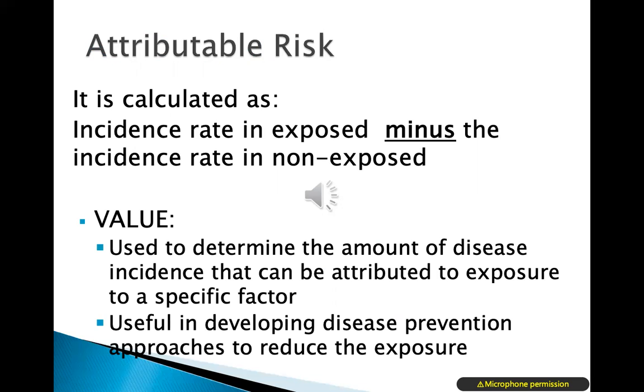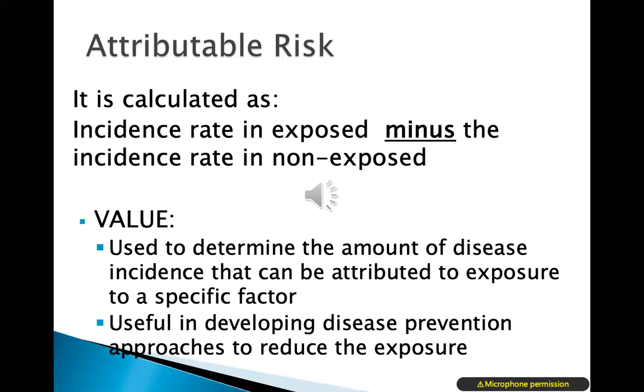First of all, we're just going to start with a definition that I gave you before, and I'll repeat here. Attributable risk is defined as the incidence rate in the exposed minus the incidence rate in the non-exposed. So you can see that in this case, we're going to be doing subtraction, right? 6 minus 4, or the difference between 6 and 4, is 6 take away 4, and we get 2.